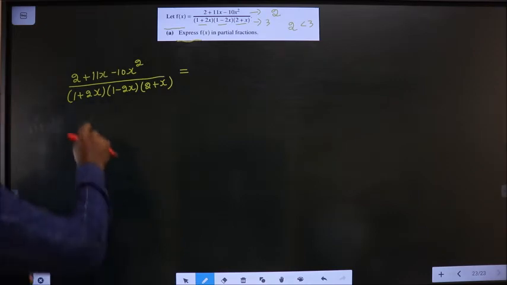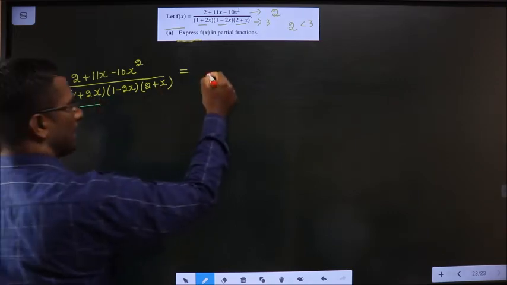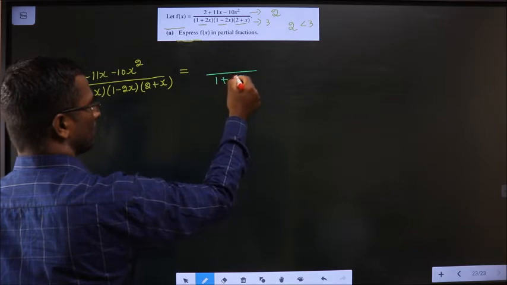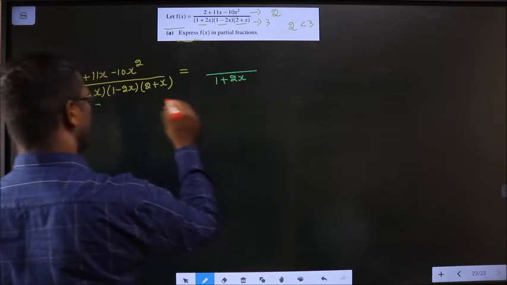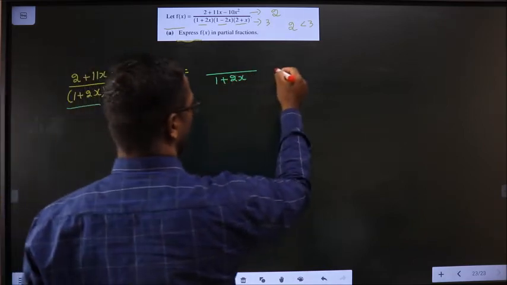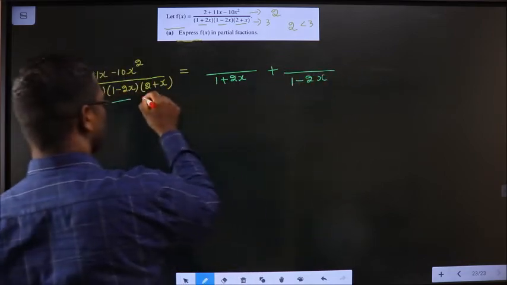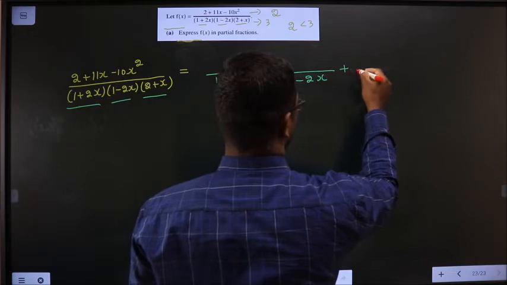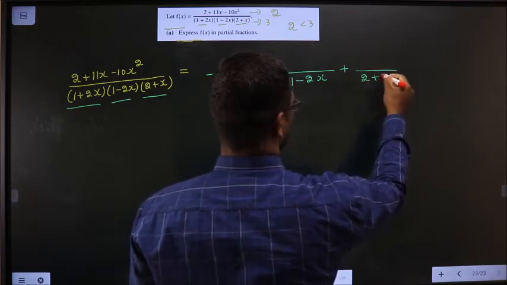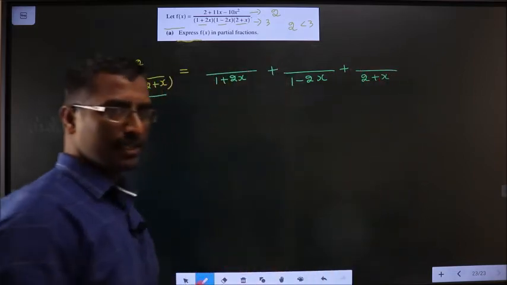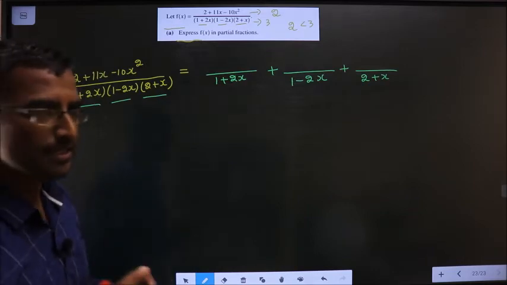Take the first bracket and write here 1 plus 2x. Now take the second bracket, write here 1 minus 2x. Now take the third bracket, write here by 2 plus x. Clear till here? Next, analyze.